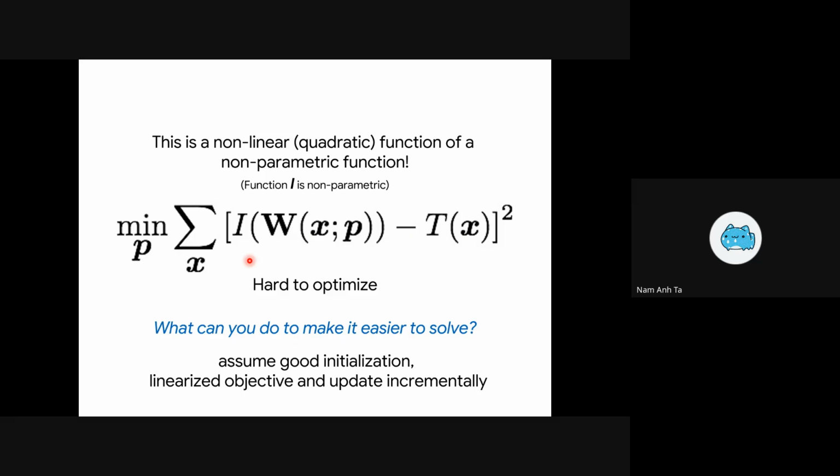We don't have a mathematical formula for the image; the image is just a grid of pixels. Because we cannot write I as a simple equation, we cannot solve for p directly. So we need iterative optimization methods to find the best fit.